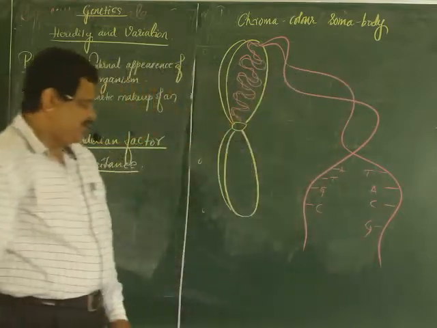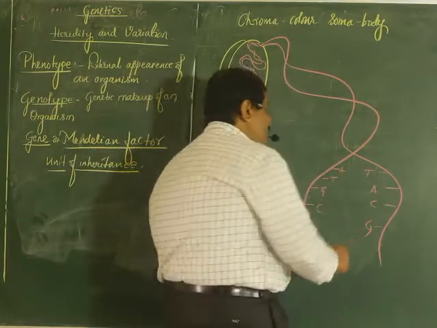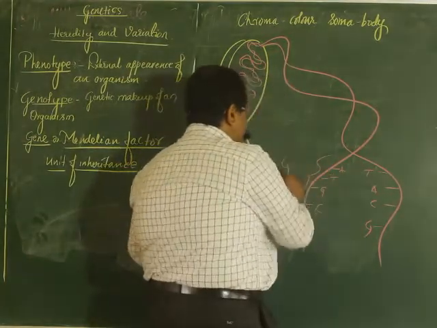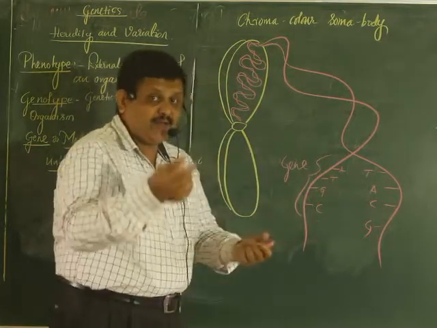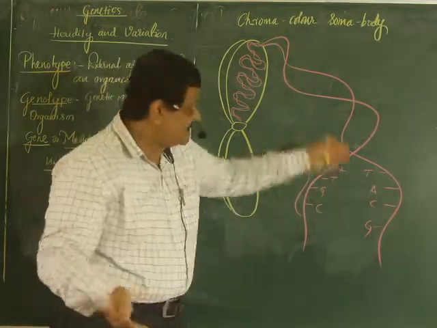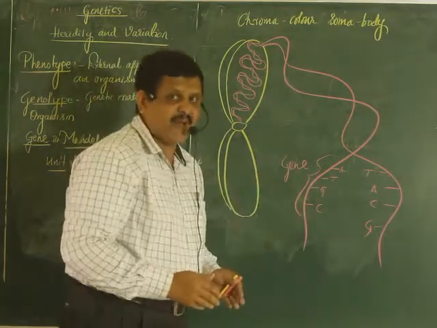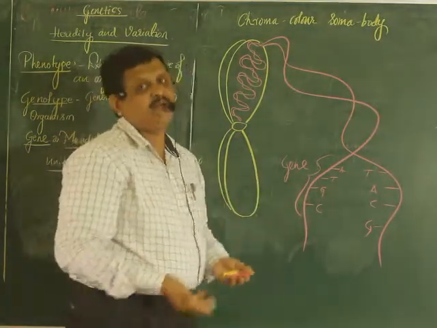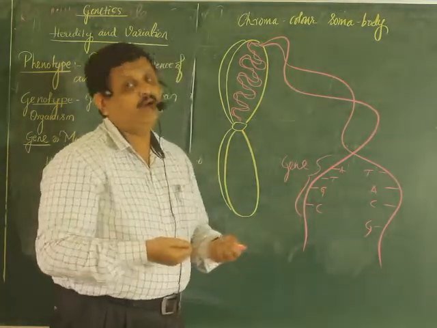These nitrogen bases together constitute the gene. One gene may consist of 10,000 such base pairs, or 15,000, or 25,000 such base pairs, depending upon the working ability of the gene.